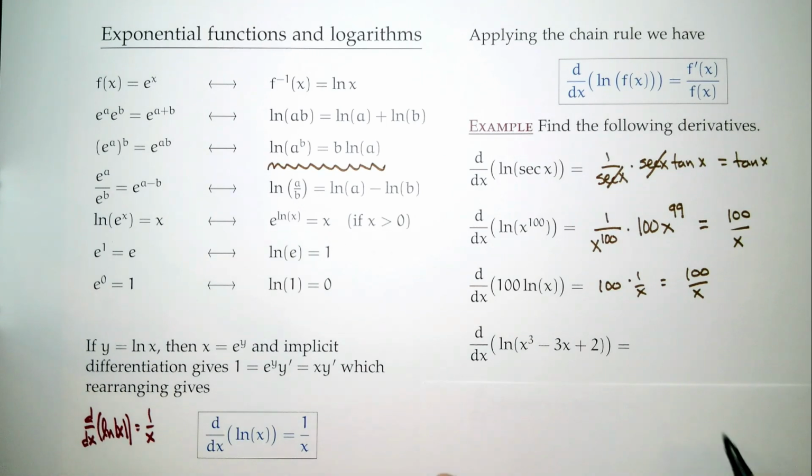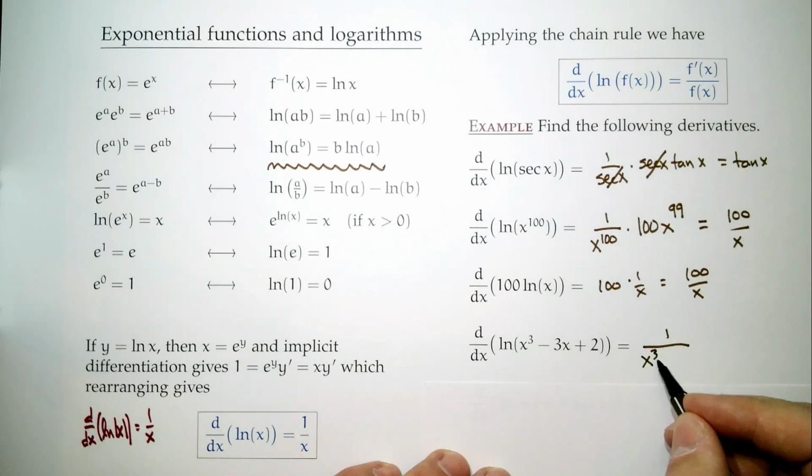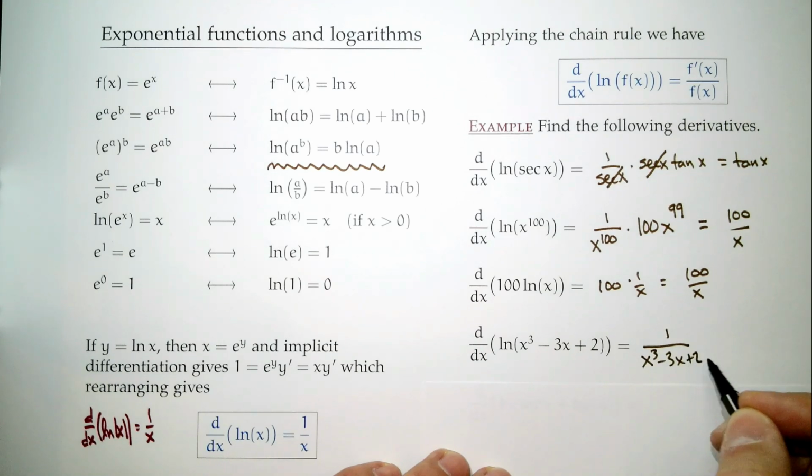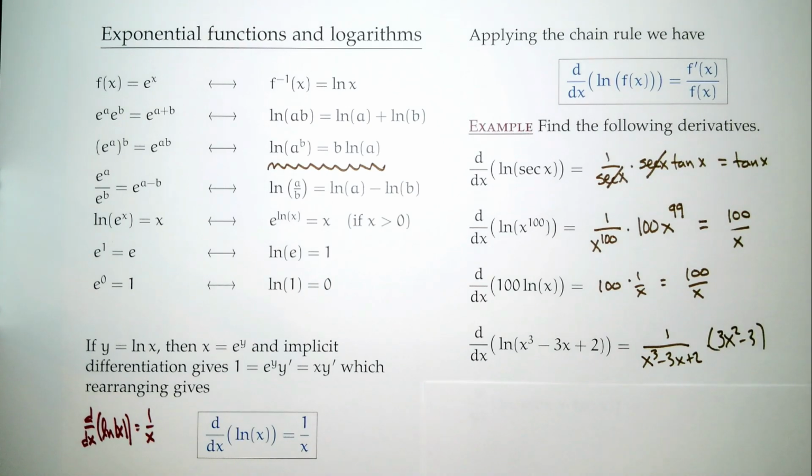Well, the rule says 1 over the inside, x cubed minus 3x plus 2, times, by what? Yeah, 3x squared minus 3. All right, is that the answer? Yeah, sure, that works.